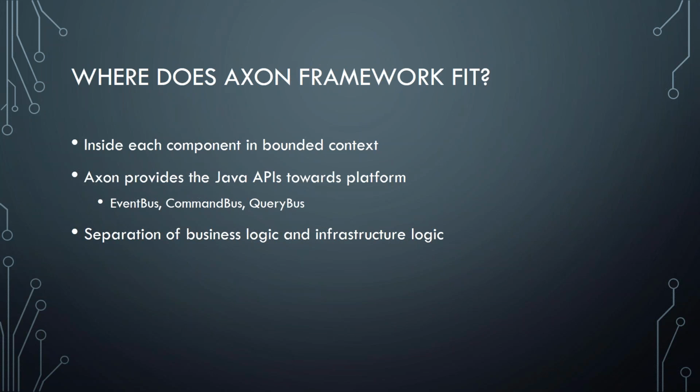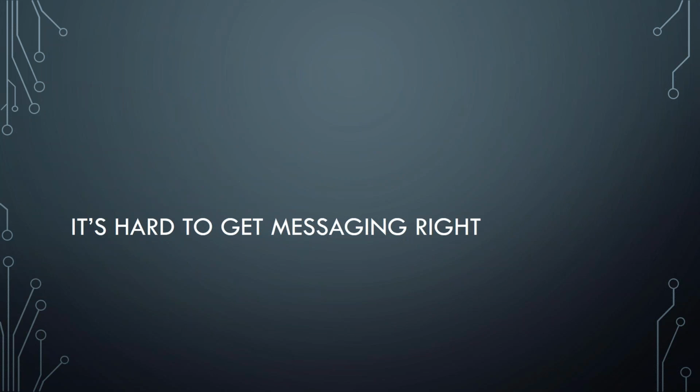But AXON itself doesn't help you with how do I route these messages, right? It helps with the separation of the business logic and infrastructure, but still the messaging patterns are there for you to implement, just for now.